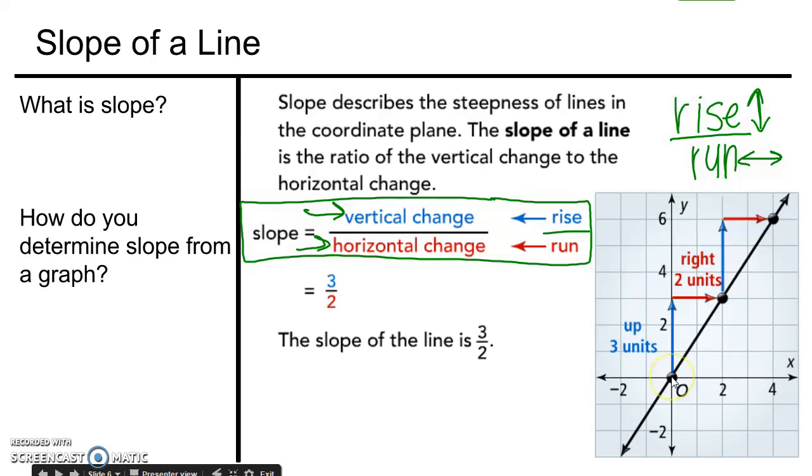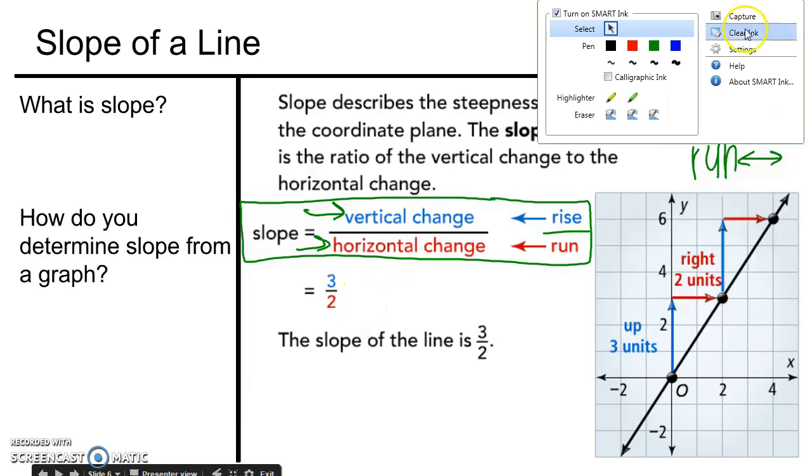First, how much do I rise? How much do I go up? I go up 1, 2, 3. So we put a 3 for the rise, for the vertical change. Then from there, how much do I run? I go sideways, 1, 2. So I put 2 for the horizontal change. So the slope of this line is 3 over 2. Let's try another example.